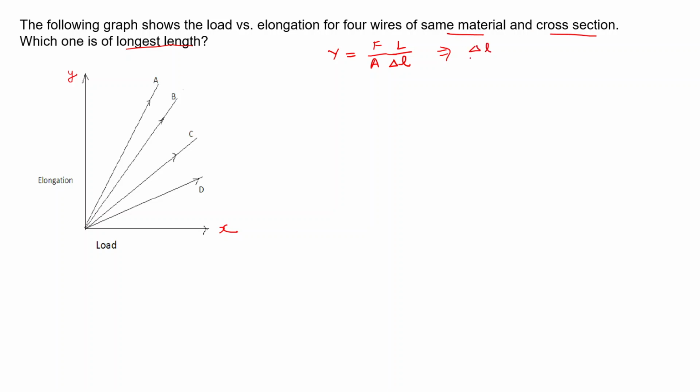Delta L divided by L will be force upon area multiplied by one over Y. I have written it like this because we have been told that these 4 wires are made up of the same material. That means the Young's modulus value for all the 4 wires is the same, and let us call it Y. The cross section is the same for all the wires, meaning their area is the same.